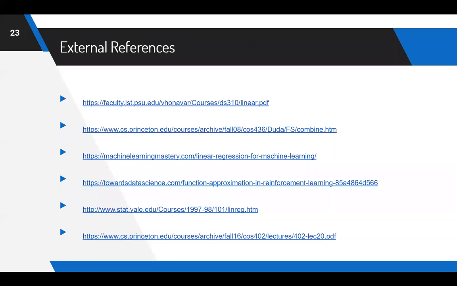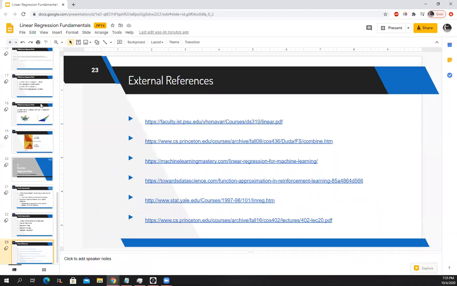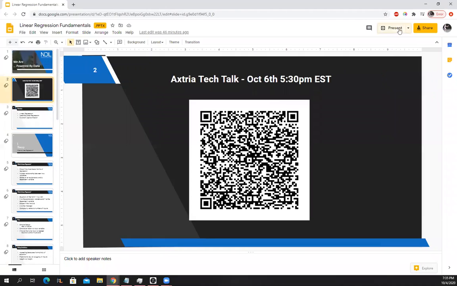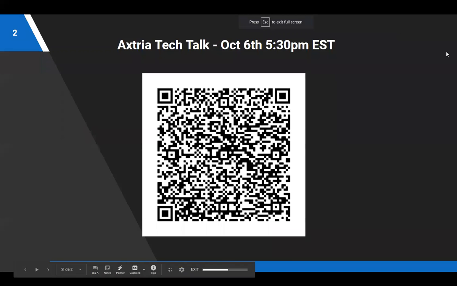I know you said that's on Wednesday, right? Yes. What time again? 5:30 p.m. Eastern time. Here's the QR code if you want to register.